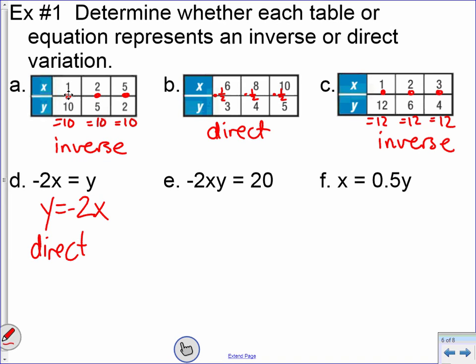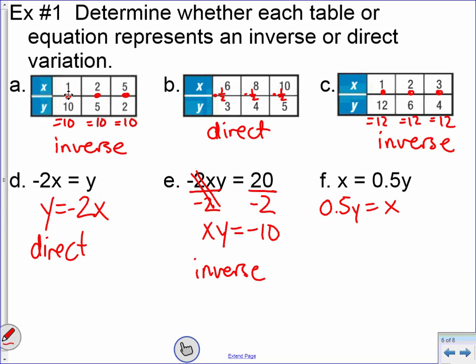E looks a lot like D on the last slide, so I'm going to divide by -2. xy equals -10. That certainly looks inverse to me. I got x and y.